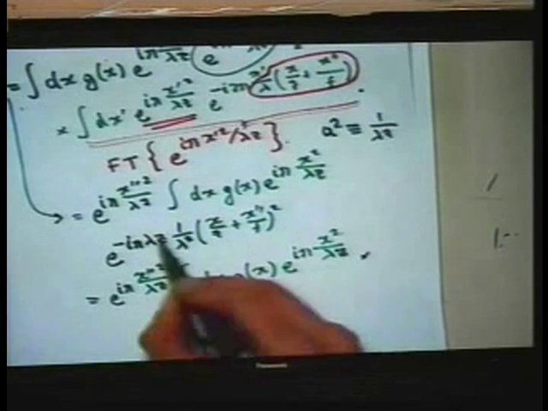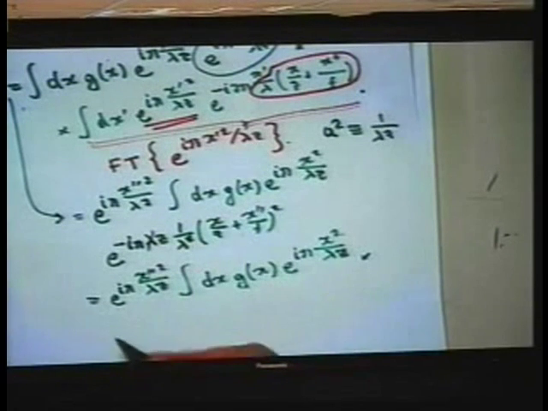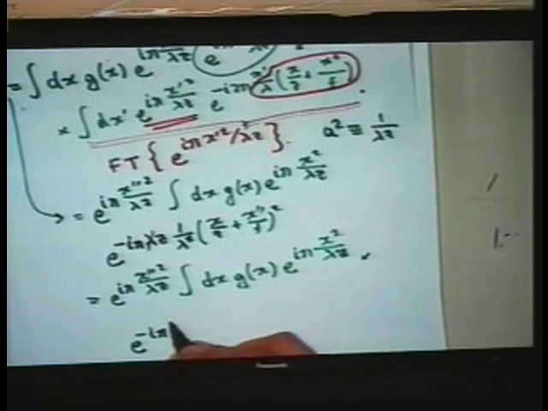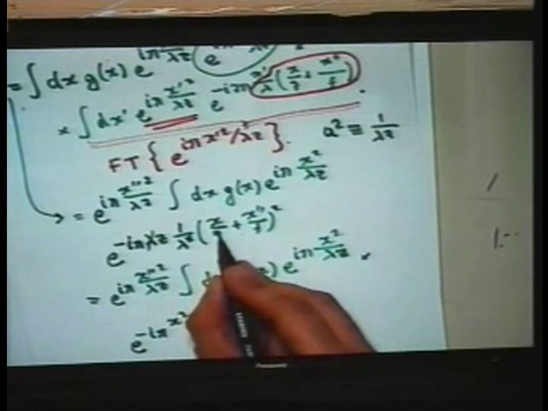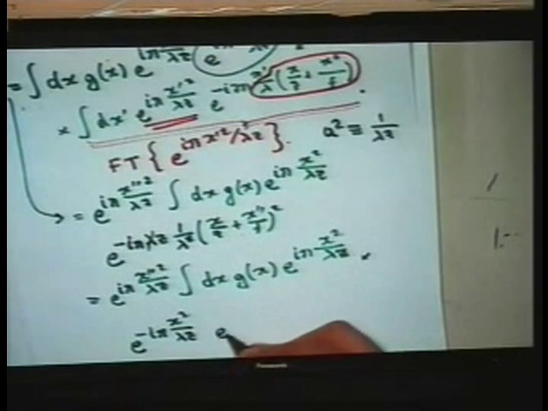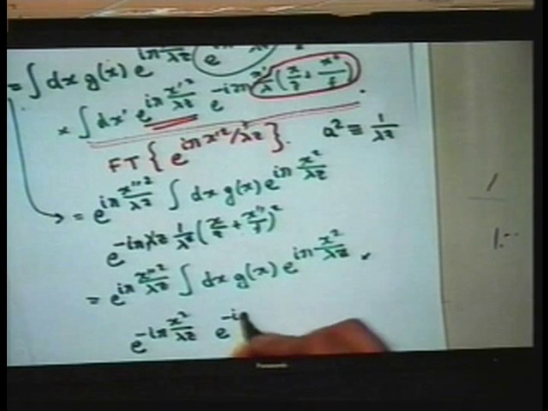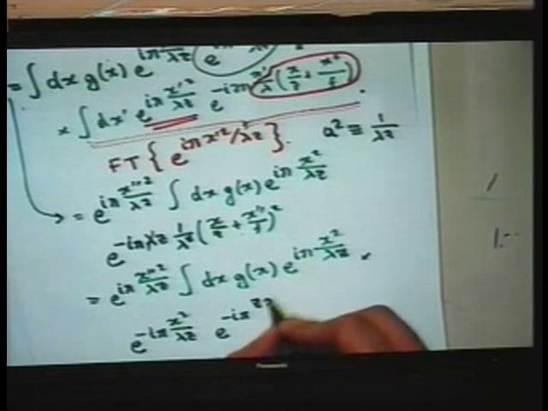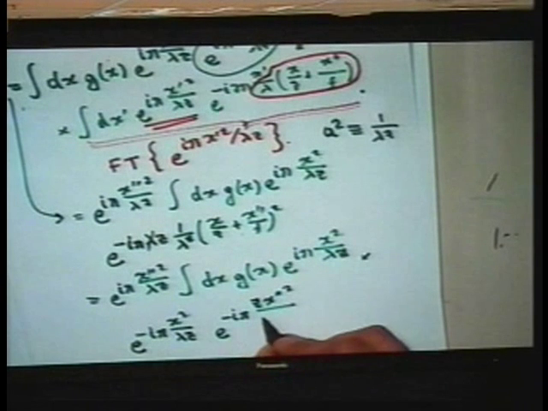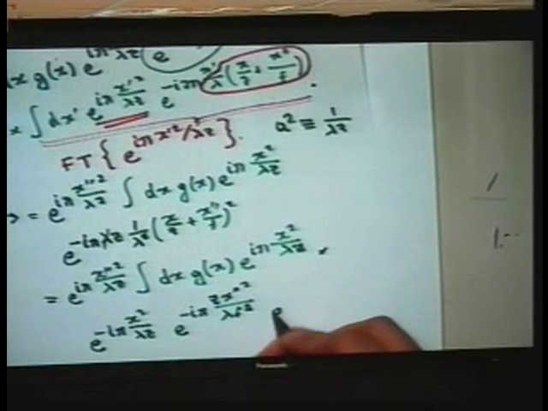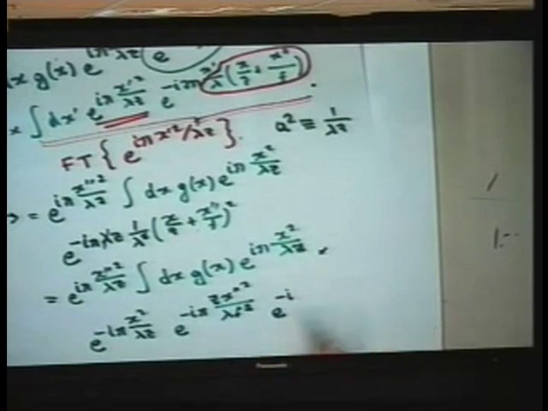So one z will be killed, one lambda has already been killed. So I will get e to the minus I pi x square over lambda z, right? Then I will get this term, that will be e to the minus I pi, this is tricky, z x double prime square over lambda f square. This came out of the square of this one, and I will also get the cross term, so that will be e to the minus I.